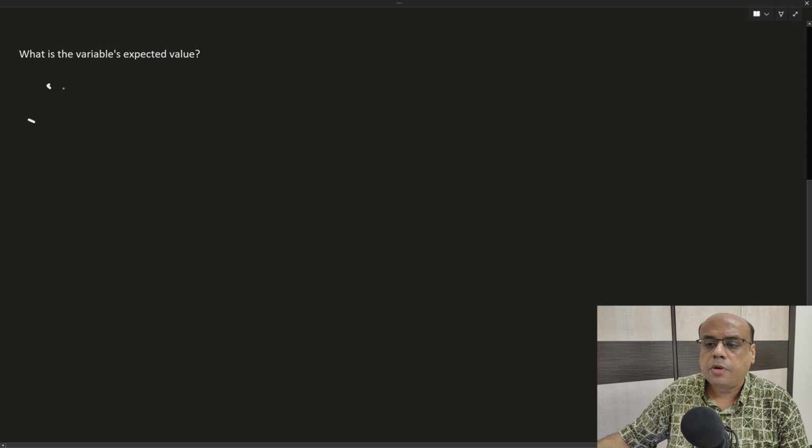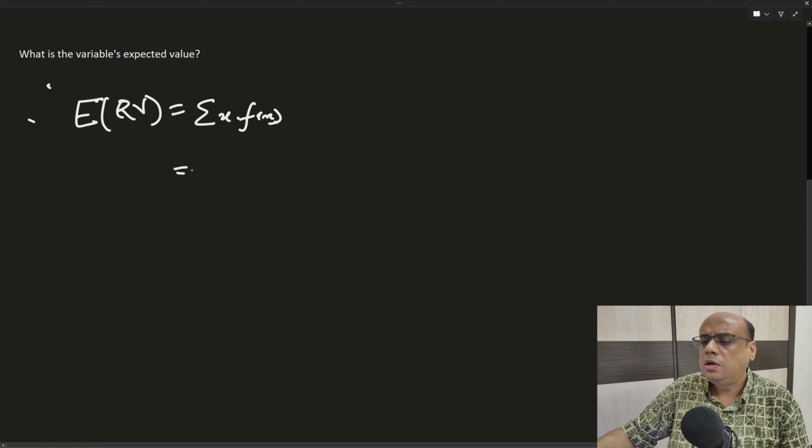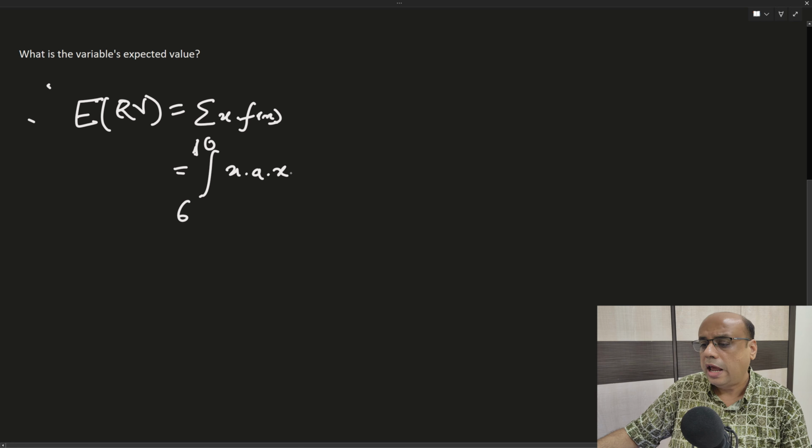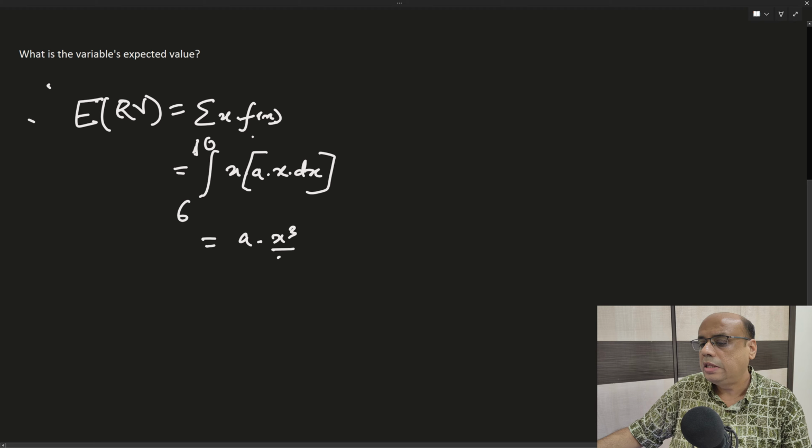The next part of this problem is, we have been asked what is the variable's expected value. Expectation of a random variable is nothing but summation of x into fx, and for summation we will do integration here. The values this random variable can take are from 6 to 10, and fx is a into x, which is already given. So this is a into x cube by 3 between 10 and 6.